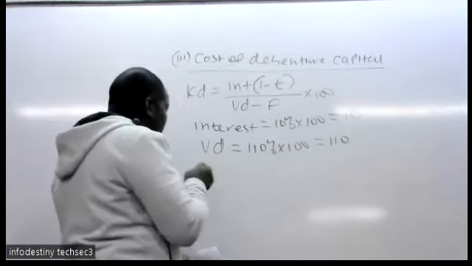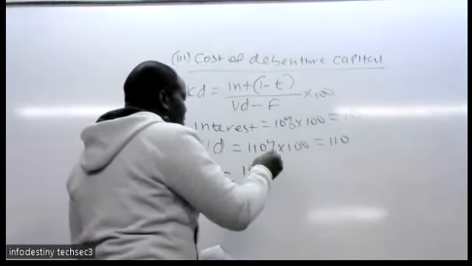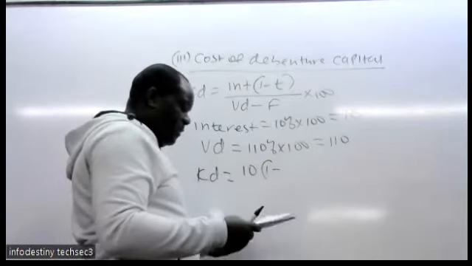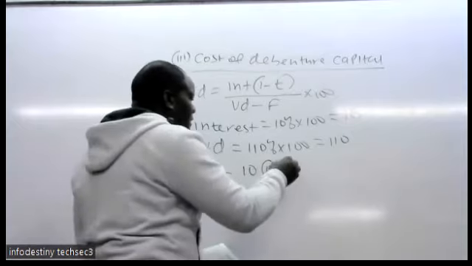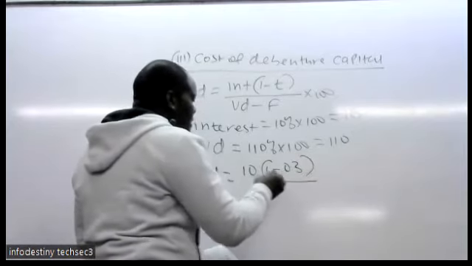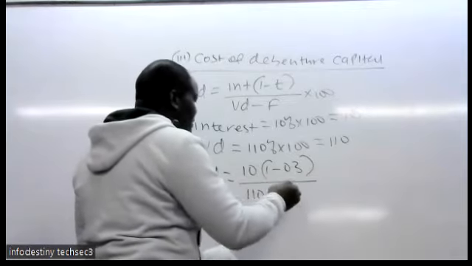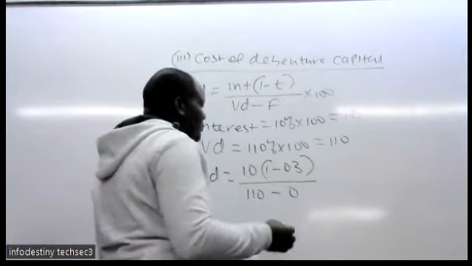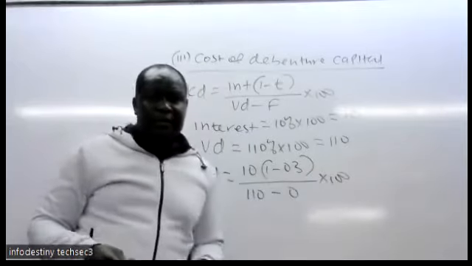So from there you get your Kd. Interest is 10, times 1 minus the corporate tax. Corporate tax was there in note number 6 as 30%, which will be 0.3. The current value for the debenture is 110. We minus the flotation cost, which is 0. We show it as a percentage.